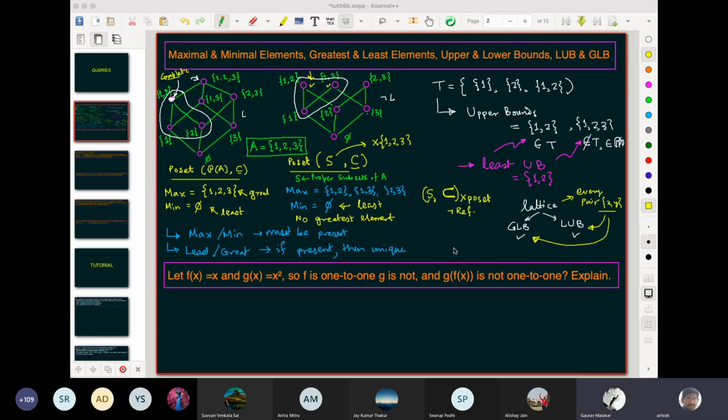So can we see it for the image that I have given in the chat box? Yes, sir. Okay, let me just check the chat box once. I've marked the set for which I did. You see here the least upper bound is the top element.